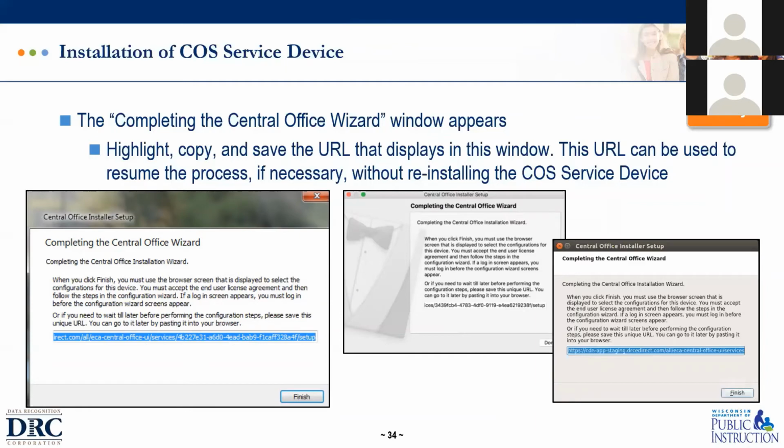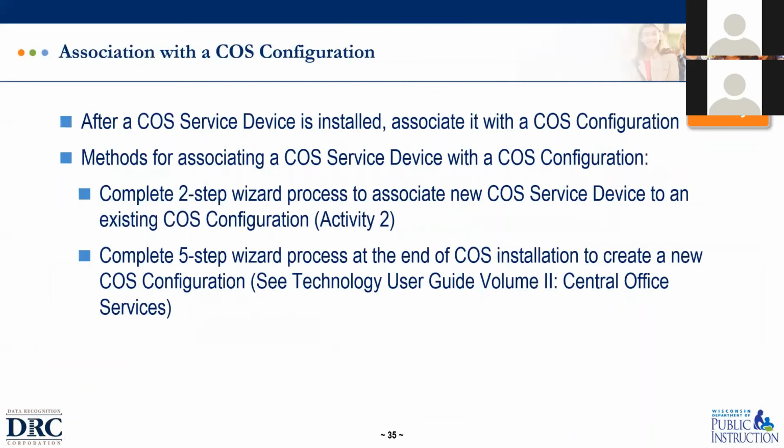Once you click Finish, the next thing that's going to happen is we're going to take you into the DRC Insight portal and into Central Office Services. In there, you're going to have a couple different options. Why we do that is you're going to need to associate this new COS service device with the COS configuration.